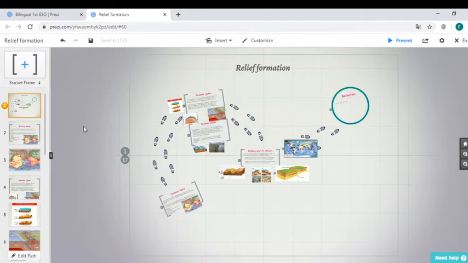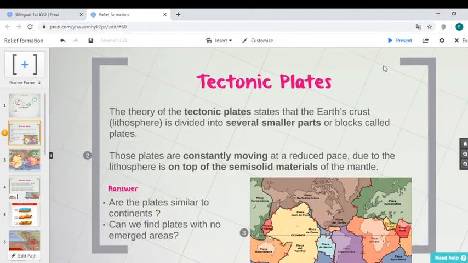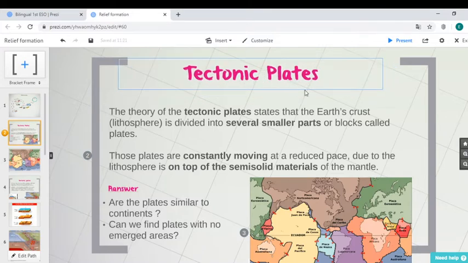As I just said, this unit is gonna be about relief and relief formation. Before going into the several types of reliefs and specifying each concept and learning what relief is, we are gonna start learning about a really interesting phenomenon called the tectonic plates.